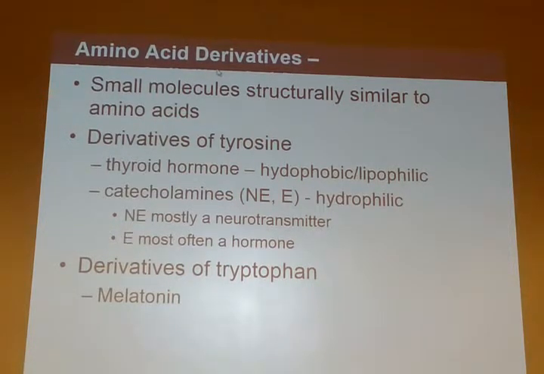So amino acid derivatives, thyroid hormone. You start with tyrosine. You take 2 tyrosines and stick them together, and then stick iodines on them. If you get 3, then you've got the metabolically active form of thyroid hormone. If you have 4 iodines on it, that's fine.